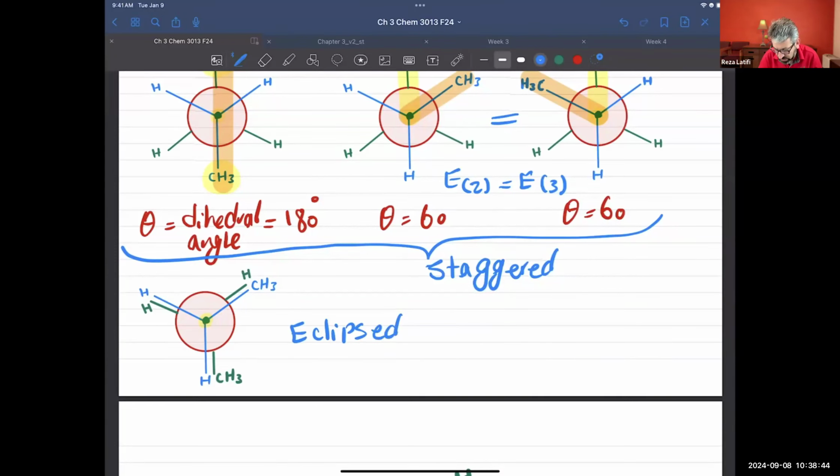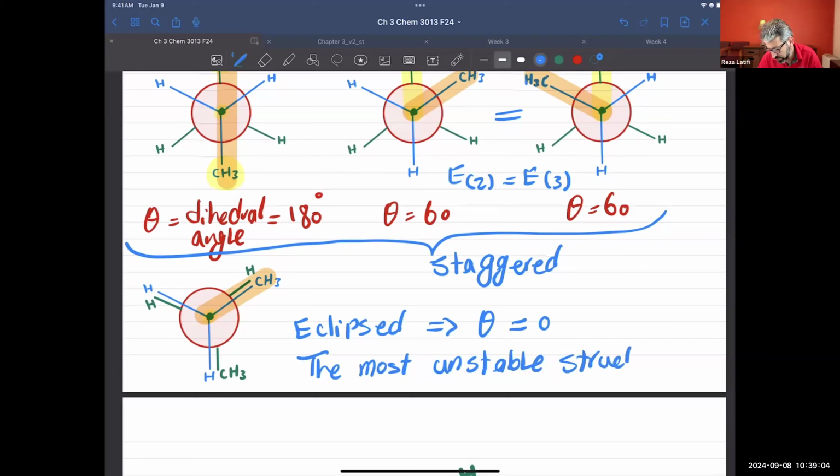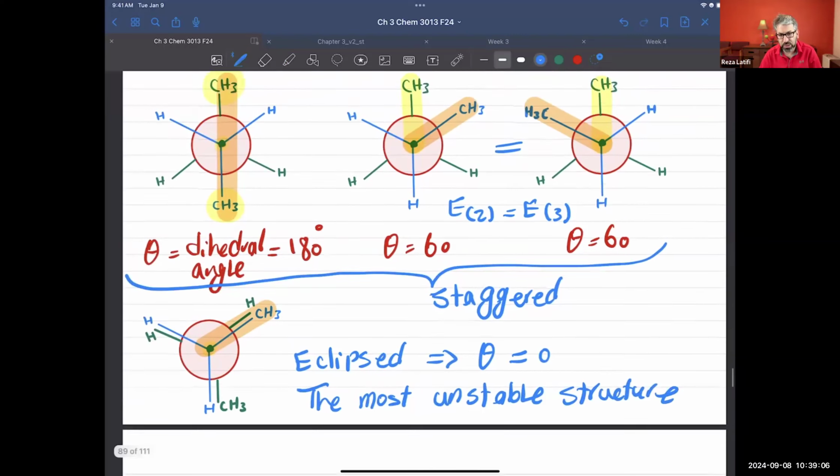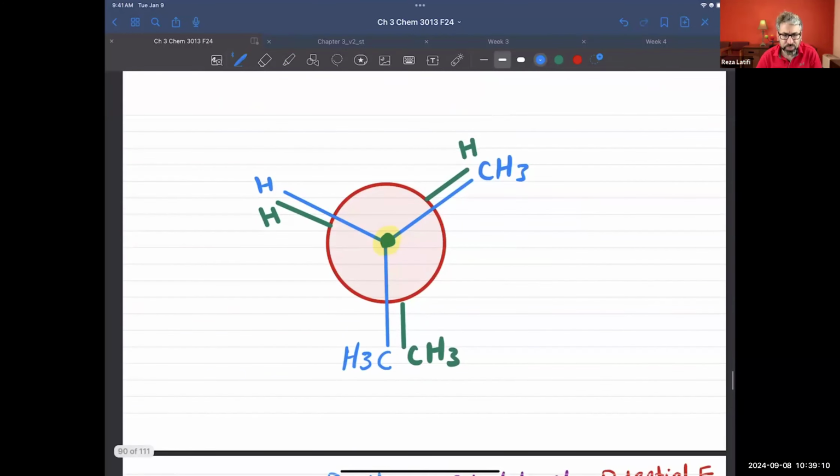Why eclipsed? Because theta, the dihedral angle, in this case is equal to 0, and this is going to be the most unstable structure. Let's zoom in here. Why is it unstable?